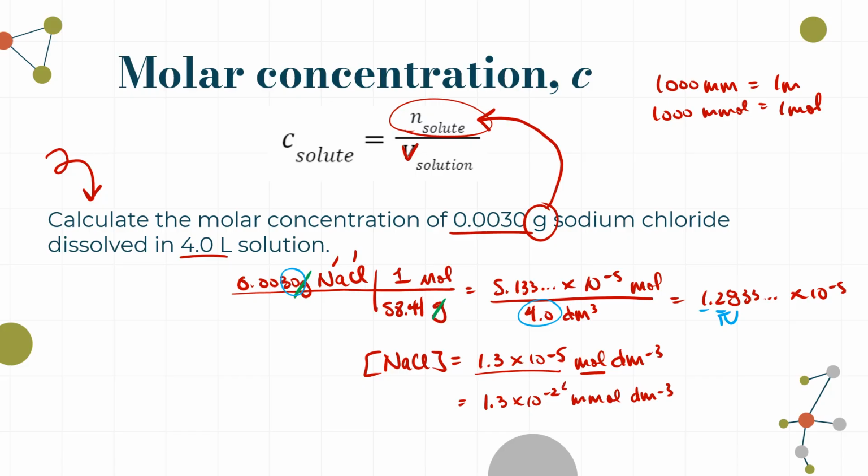I still have a negative exponent, so I could go one more time. There are 1,000 micromoles in 1 millimole. So I can multiply by 1,000 one more time, and I can get 130 micromoles per cubic decimeter, and then I don't have messy negative exponents, if that makes you happy.